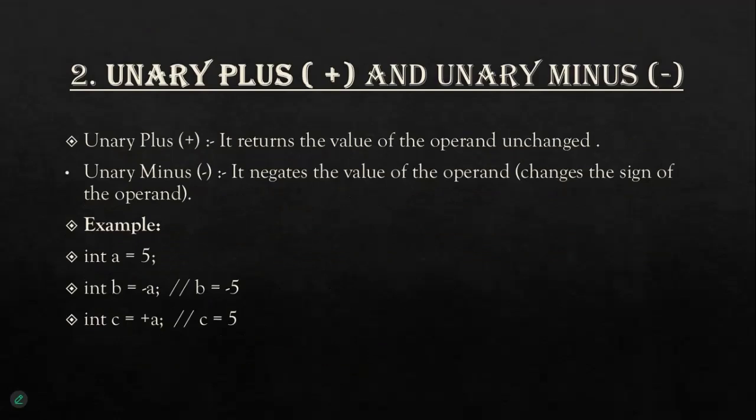Unary plus does not actually change the value, but unary minus will negate it, making it negative if it's positive, and vice versa. So unary plus returns the value of the operand unchanged. It does not change the sign of the value. But unary minus negates the value of the operand, changes the sign of the operand.